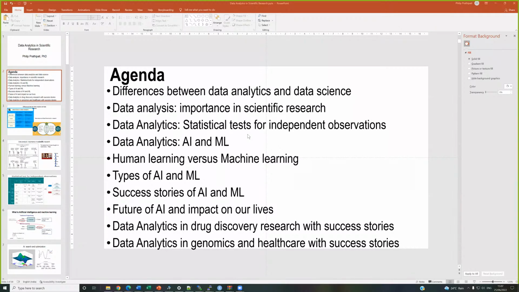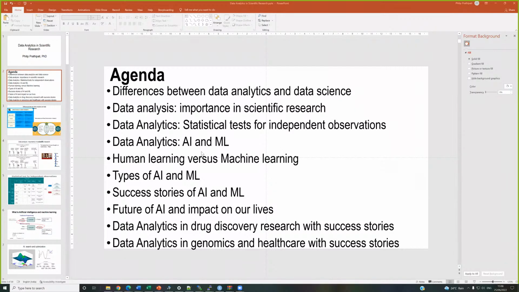And anybody who has done some data analysis will realize that even images can be converted into numbers, as you all know, right? Because the intensity and even the colors can be coded using RGB. Among the various statistical tests used in data analytics, there is a specific branch called AI and ML.